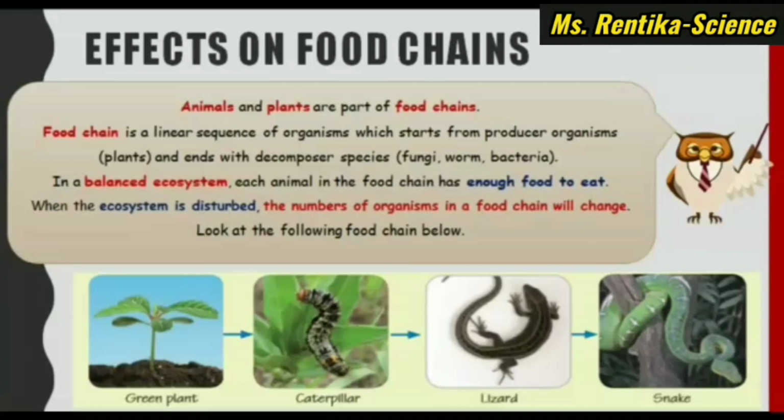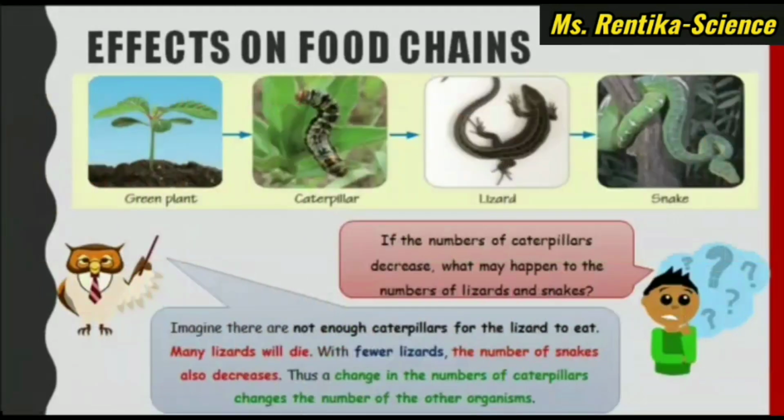So green plants get eaten by caterpillars. Caterpillars get eaten by lizards, and lizards get eaten by snakes. If the number of caterpillars decreases, what may happen to the number of lizards and snakes? Let's imagine there are not enough caterpillars for the lizards to eat.